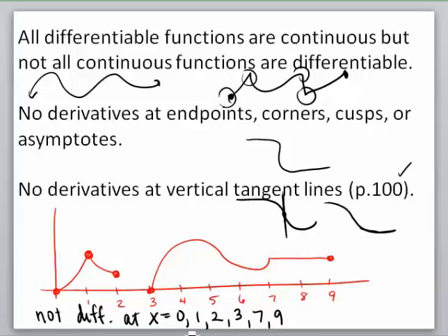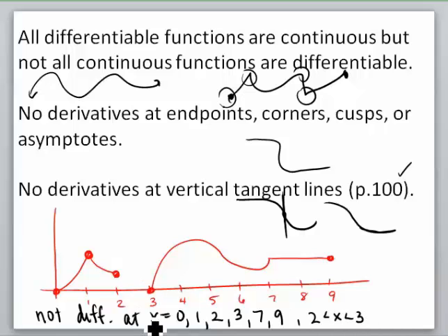All of those points are places where this function is not differentiable. I guess I should also put in here between 2 and 3 because it's not differentiable there because there's nothing occurring.